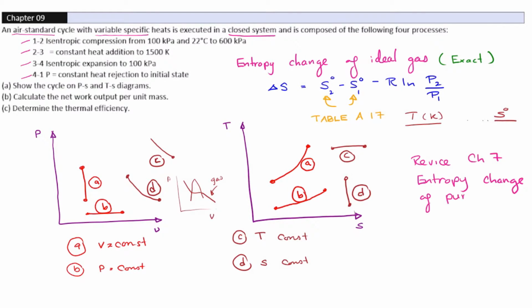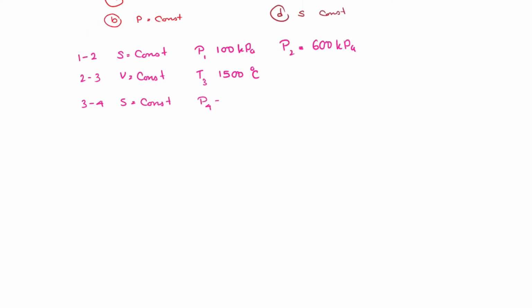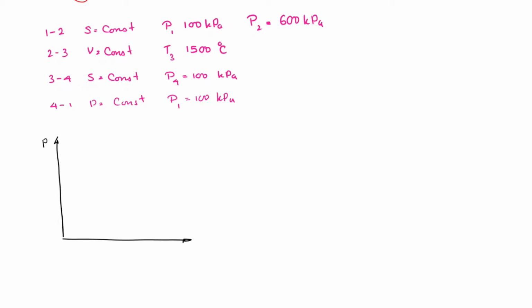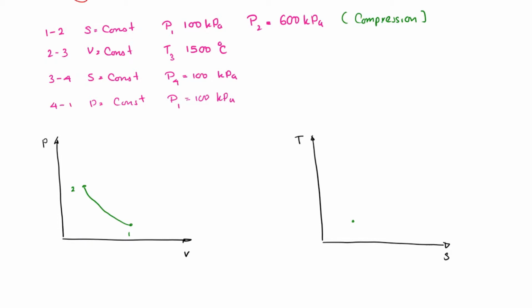The first process is going to be a compression process because pressure is increasing. So we should know that the volume is reducing and the pressure is increasing. Since it's a constant entropy line, we can draw it as a diagonal line with a slight curve to it. Process 2 to 3 is a constant volume process.